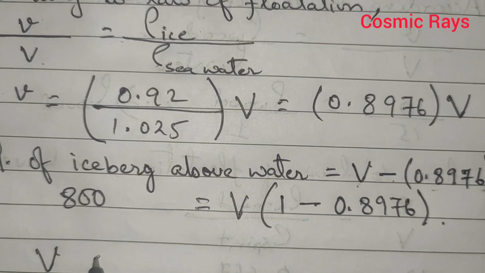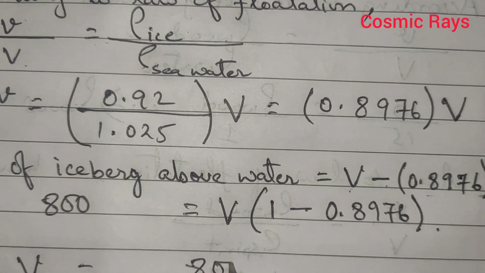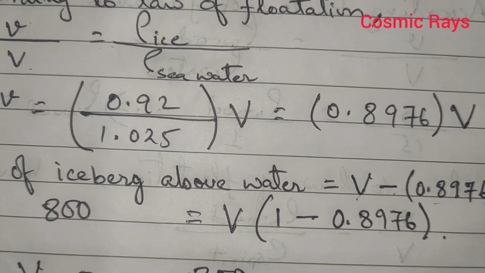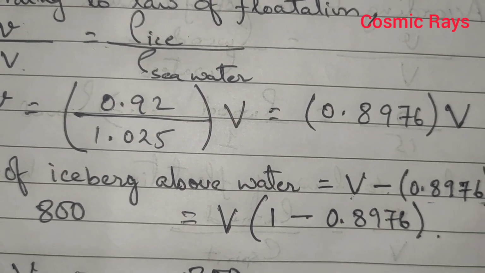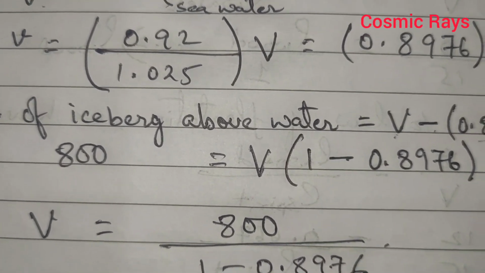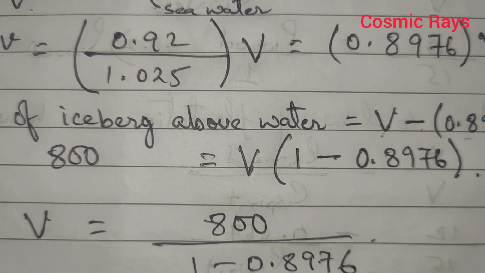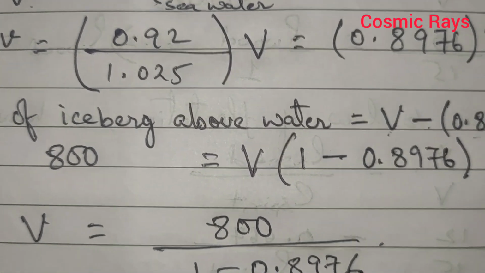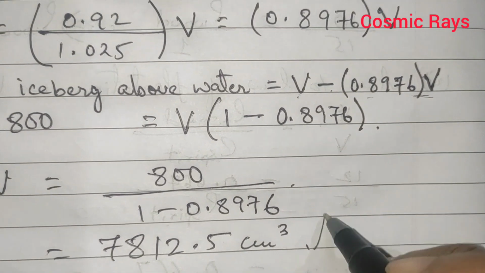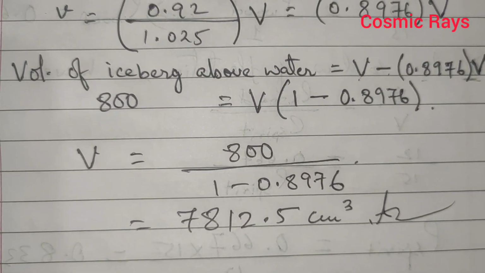So the total volume is 800 divided by 1 minus 0.8976. After calculation this will come out to be 7812.5 centimeter cube. So that's all in this video. Thank you. God bless.